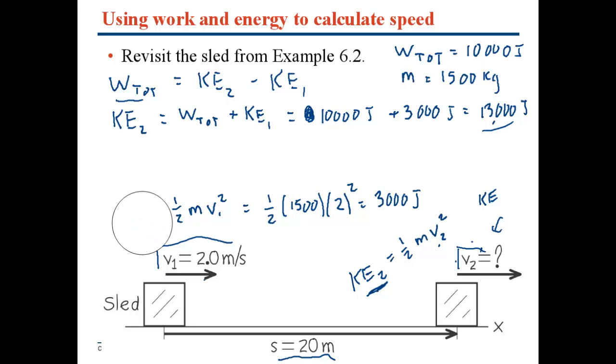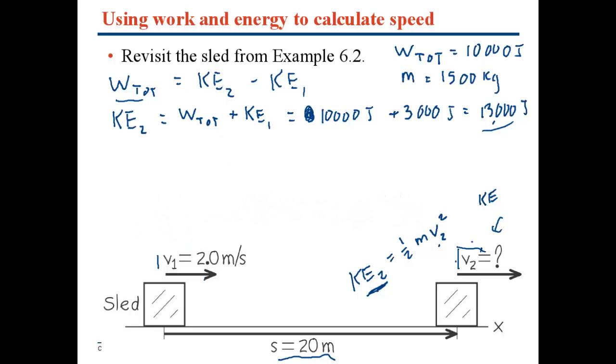Now all I need to do is solve for my velocity squared. So here I'm going to say my kinetic energy 2 is equal to 1/2 mass velocity 2 squared, which is equal to 13,000 joules.